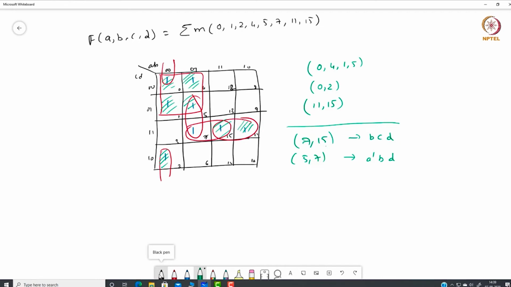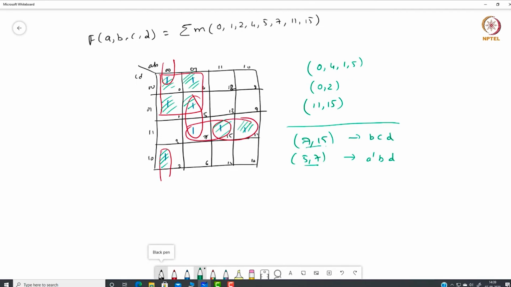So it doesn't matter whether we take this or this, both of them would essentially lead us to a similar cost of our final expression.